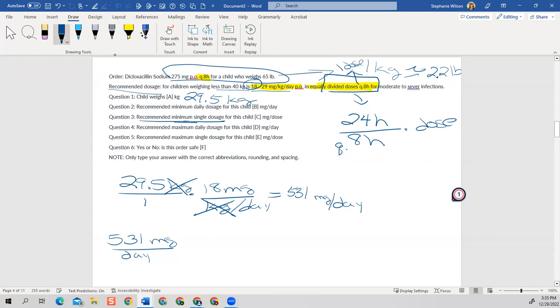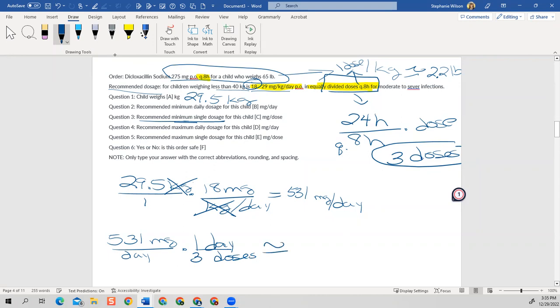So, every 8 hours is 1 dose. All right, so the H is reduced. 8 divides 24 gives me 3 doses in a day, right? In 24 hours, they're going to take a total of 3 doses. So I'm going to write in 1 day, divide 3 doses.